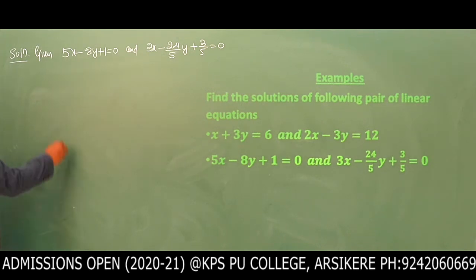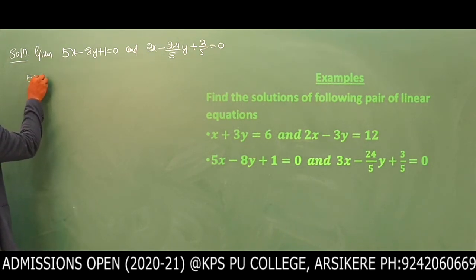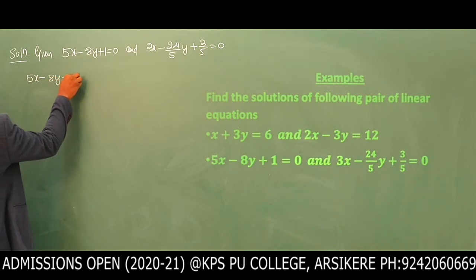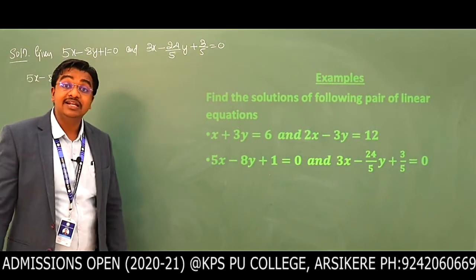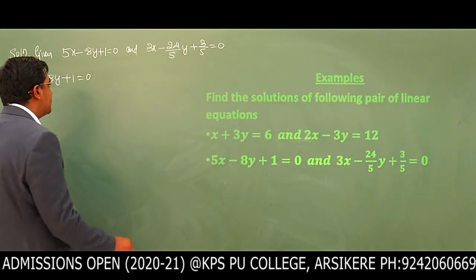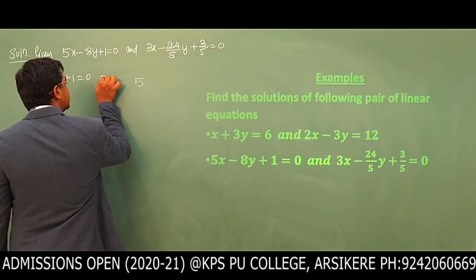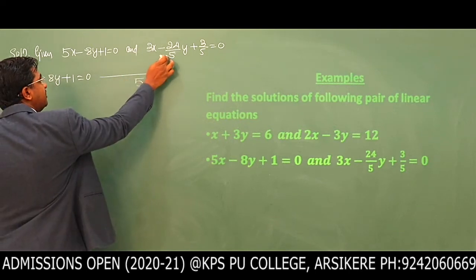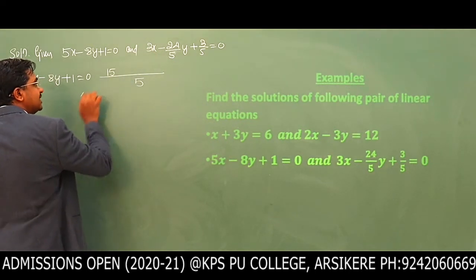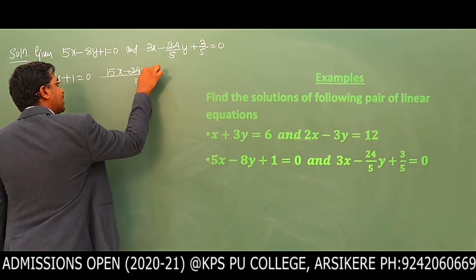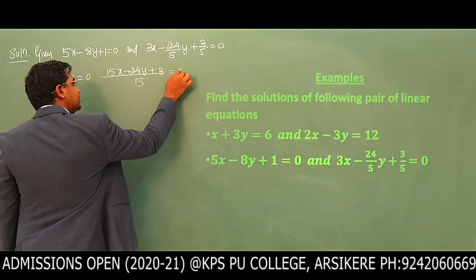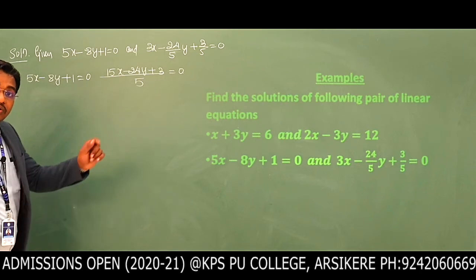Now observe here, the first equation is not a problem because it is already in general form, but the second equation needs reduction, so take 5 as the LCM. Then this equation reduces to 15x minus 24y plus 3 is equal to 0, since 5 into 3 becomes 15. Now take cross multiplication.